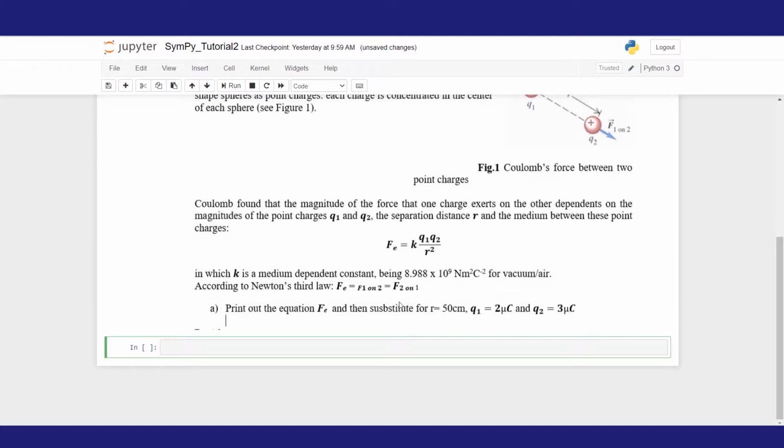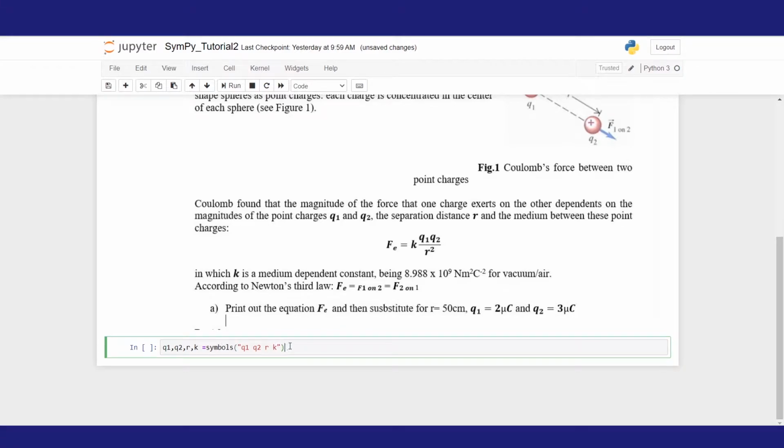So we are going to define q1, q2, r, and then k being our symbols that I want to use. And because there are very many, I'm using symbols, and then putting this in quotes. So I have q1, q2, and then r, and then finally I have k.